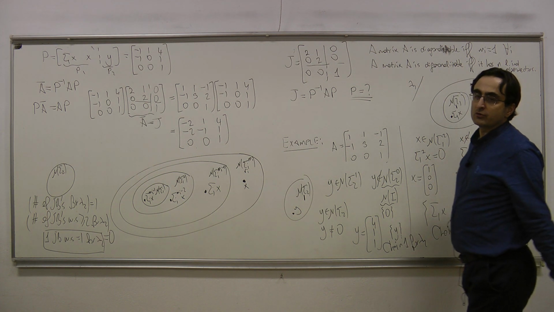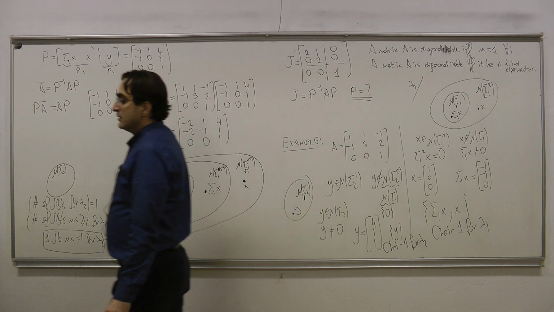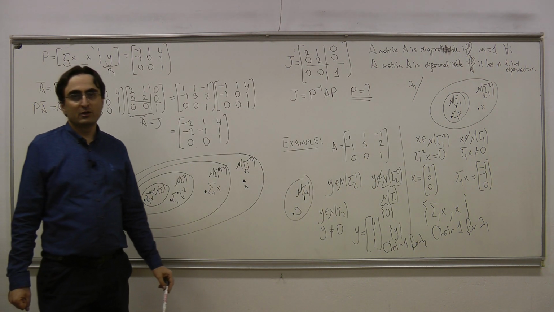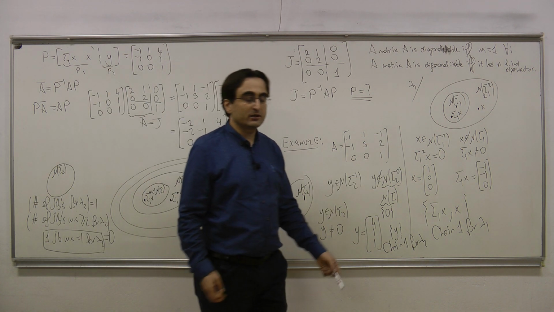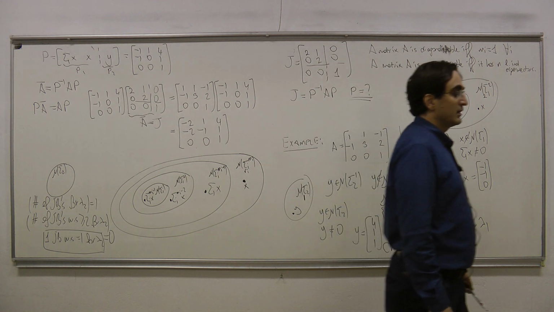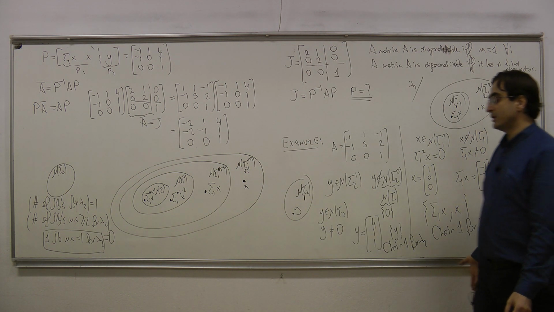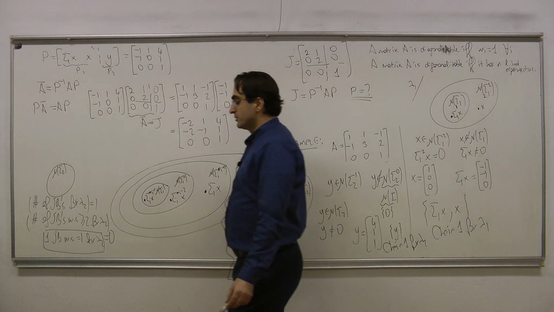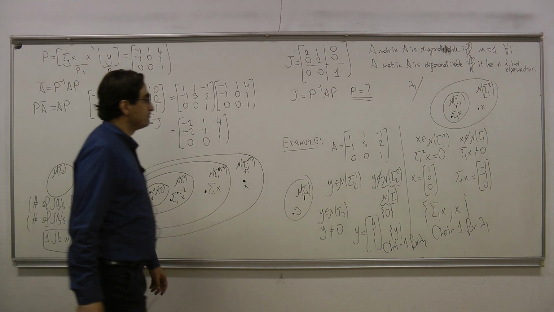This is always going to happen when we try to find the P matrix. The number of Jordan blocks will be equal to the number of chains that you need to find for those eigenvalues. And the size of the chains will always be equal to the size of the Jordan blocks corresponding to that eigenvalue. Okay?